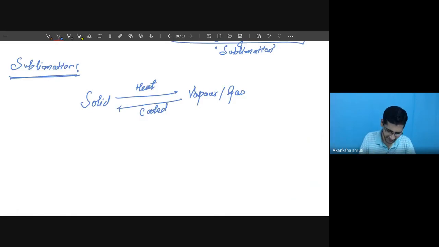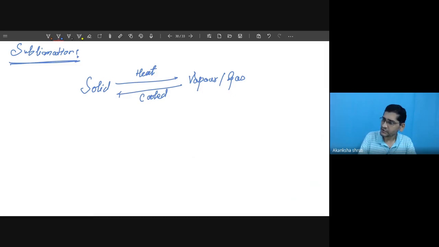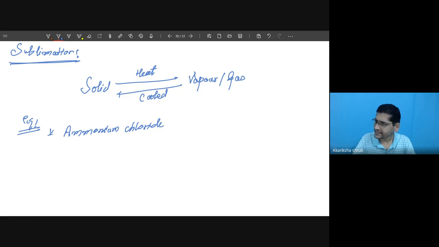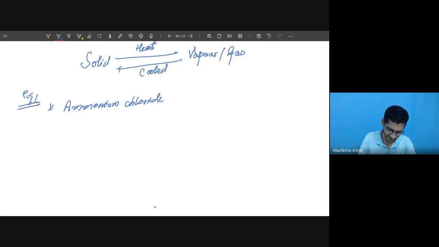This process of solid directly into vapor is not followed by all solids, only very few solids. Example, ammonium chloride. When ammonium chloride is heated, it will directly convert into vapor without going into the liquid phase.